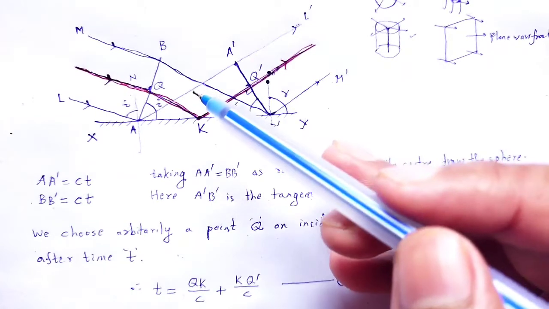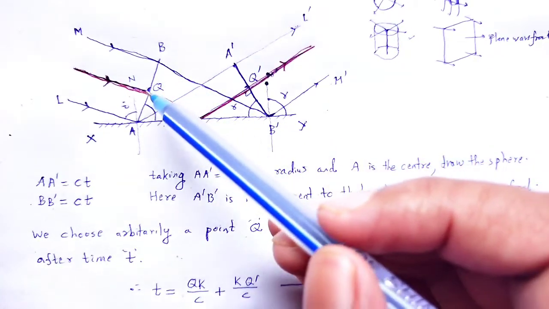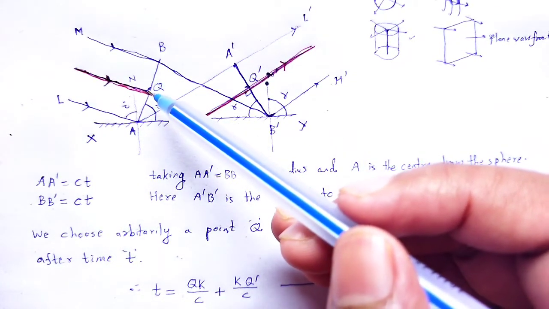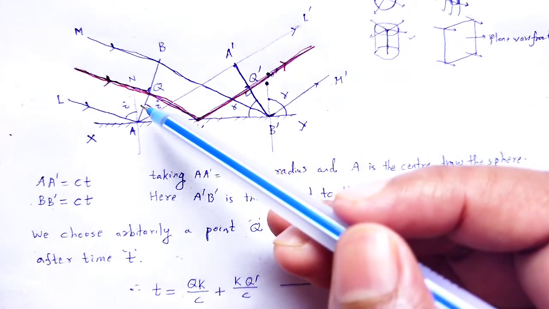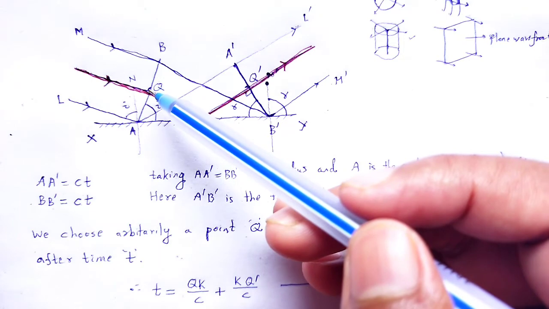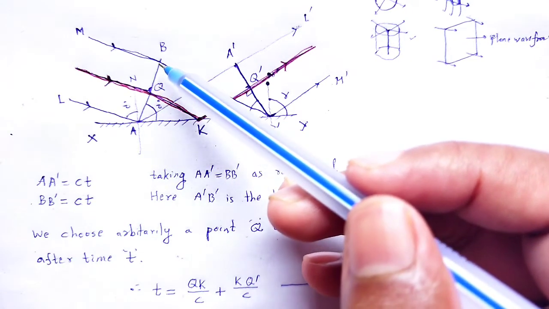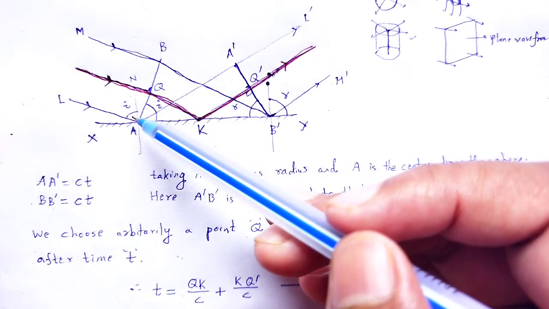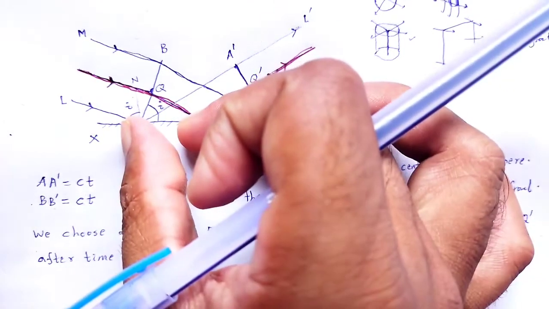Look at that particular figure. When we choose an arbitrary point Q, that is a different point, the rays from different points on the incident wavefront have different values of AK.